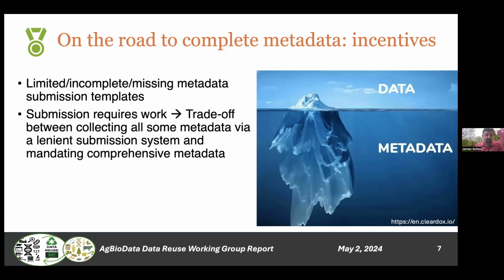When folks are submitting their genomics data, they're required to have a minimum set of standards many times, and there's a trade-off there, because lenient submission systems obviously don't require as much metadata as possible. So we need some way to incentivize folks making good metadata available.